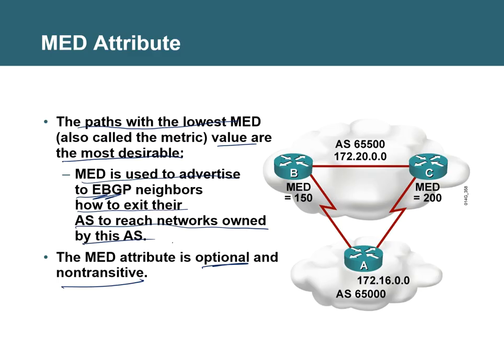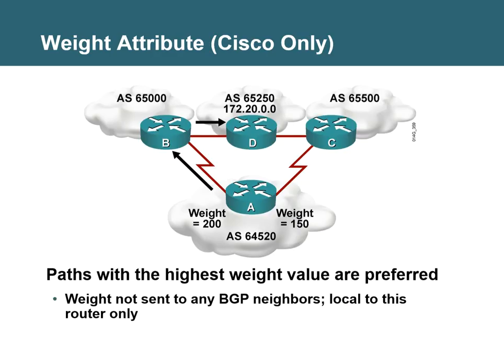All right. Now weight. Weight is local to the router. Now, if you want router A to exit this way, this path, higher is preferred. Weight higher is preferred. MED lower is preferred.